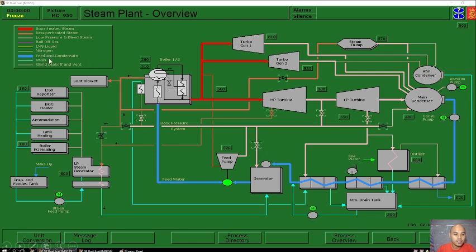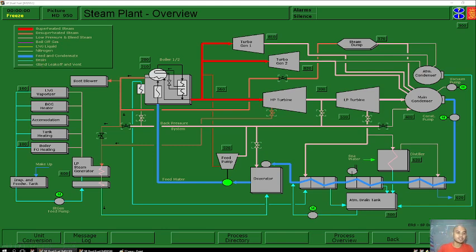Blue is feed and condensate, so this is water, the steam has already condensed. We have the drain line in light blue or blue-green, and this gray or white color is gland leak off and vent.